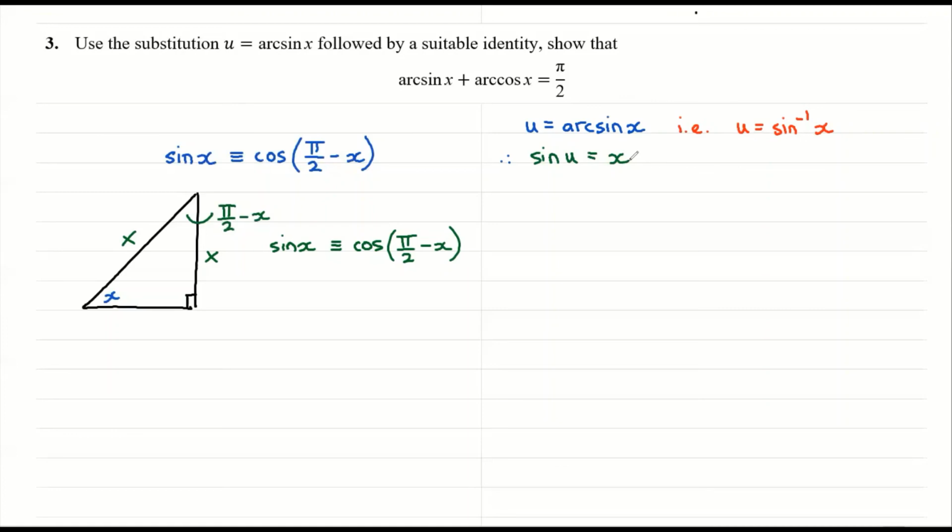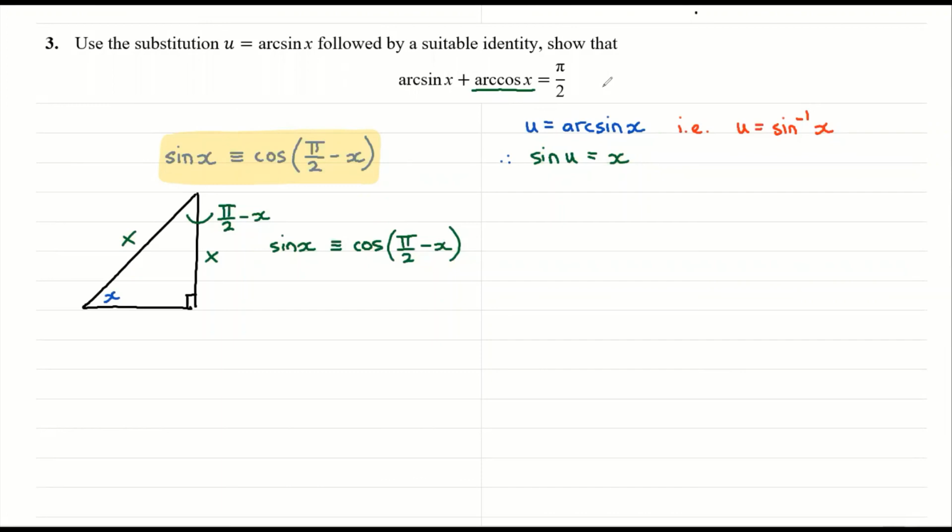So that's rather useful. But we need to bring in this arccos because I have to add them together. Now, where on earth are we going to get an arccos from in this situation? Well, this is where this identity comes into its own. All right, so we've got this identity at our disposal, ready to use. So let's use it. And valid specifically for arccos and arcsine functions, remember.